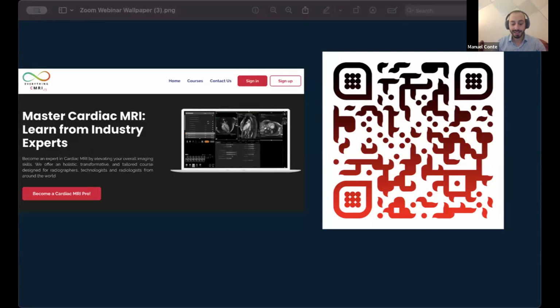FLASH is a gradient echo, a fast low angle shot, with a very small flip angle that makes this sequence less susceptible to this kind of artifact. So my answer is use FLASH instead of steady state free precession.